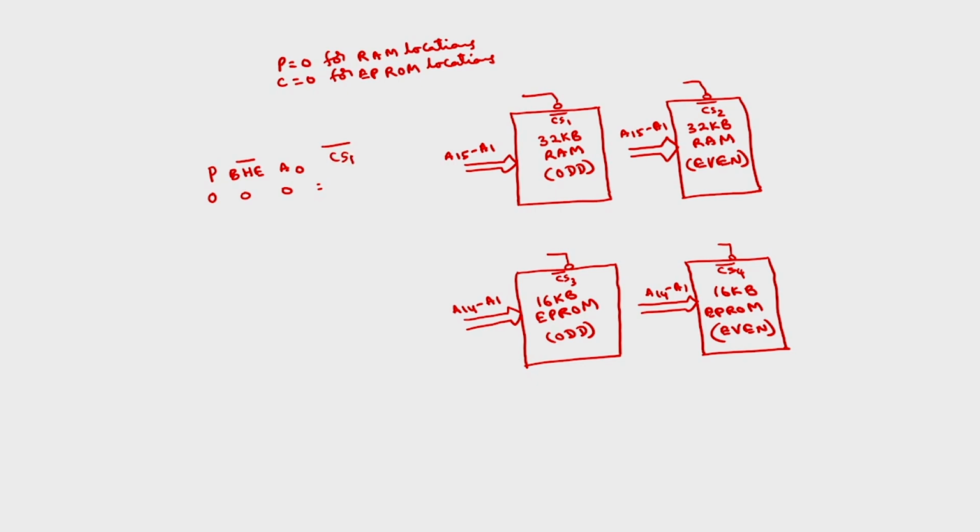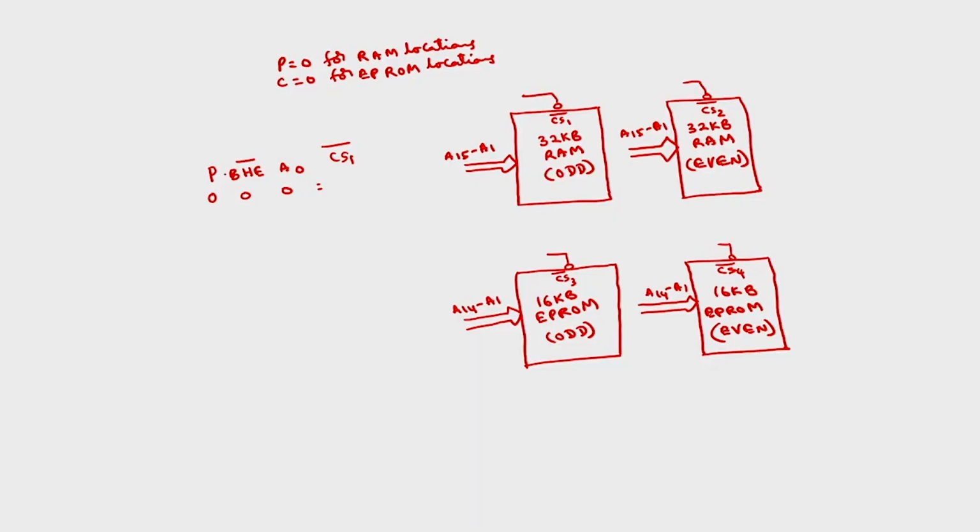CS1 bar has to be selected in case of word selection from the RAM or only the odd bank. This P is equal to 0 by default. This is for RAM, so no need to consider it, you can write here itself P is equal to 0. Now BHE 0, A0 0 means chip select bar has to be selected because this is a word access from the RAM.